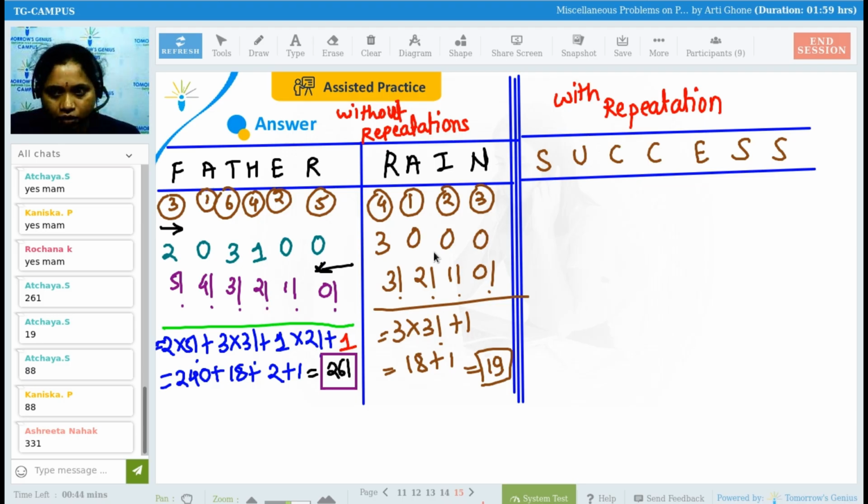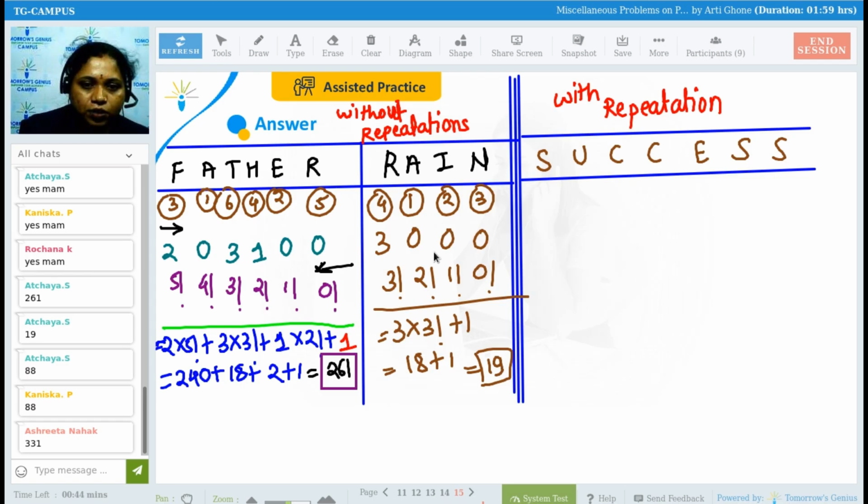331. Akshay is the one who placed the answer 331. Remaining one. 331 is the correct answer.